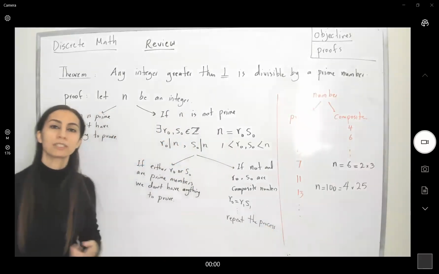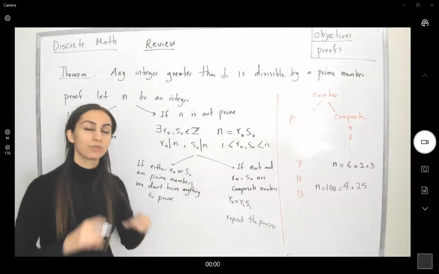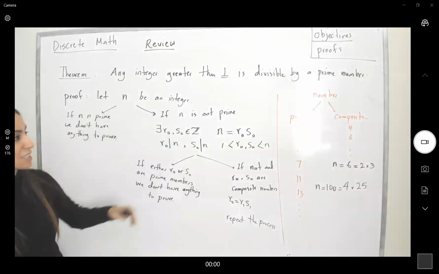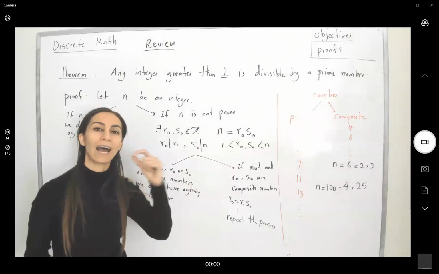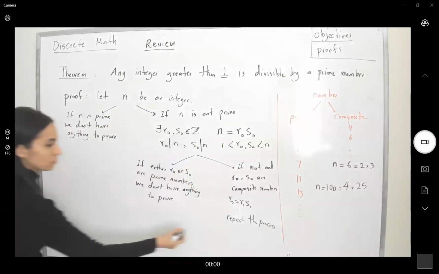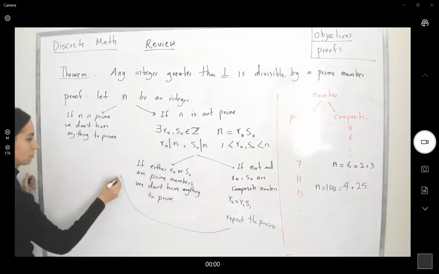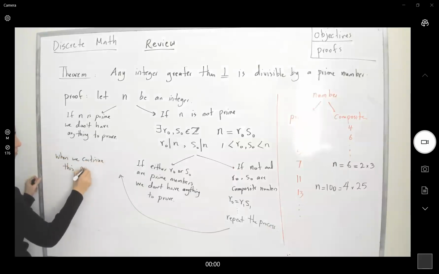When you repeat this process, at some step you get to the step where the multiplication includes at least one prime. So when we continue this process, it stops at some point.